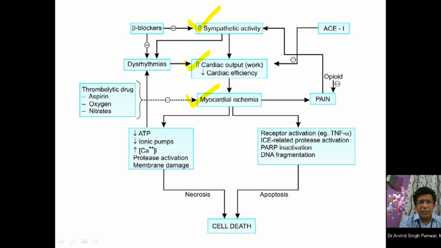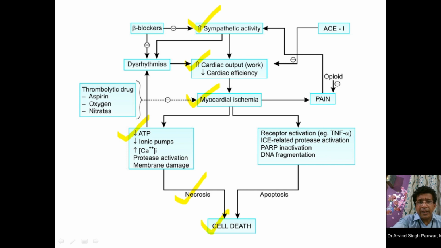Because of the myocardial ischemia, there is a decrease in ATP, a decrease in the ionic pump, an increase in intracellular calcium, protease activation, and membrane damage that ultimately lead to necrosis and cell death.